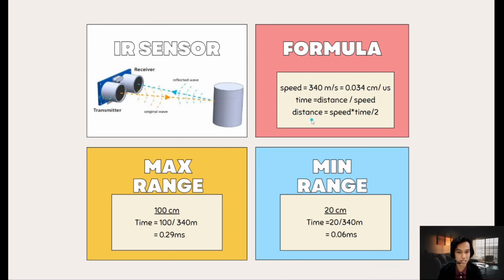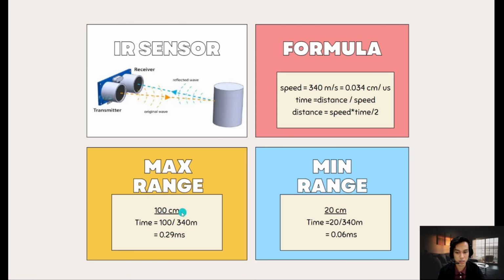To calculate the distance, we use this formula: speed times time, divided by 2. This one is the maximum range that we use in our tunnel.